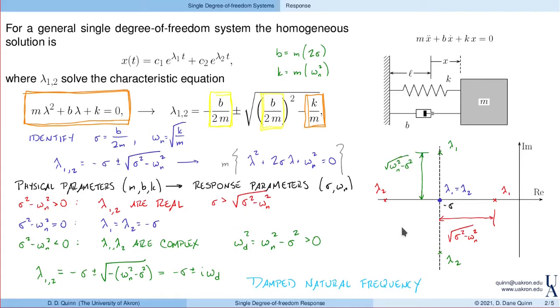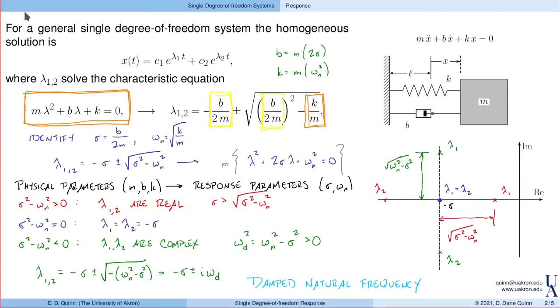Or omega d. So in either case, this point minus sigma is the center of our eigenvalues. If they're real, they're oriented left and right, both real. And if they're complex, then we have one at minus sigma plus omega d times i, and minus sigma minus omega d times i.